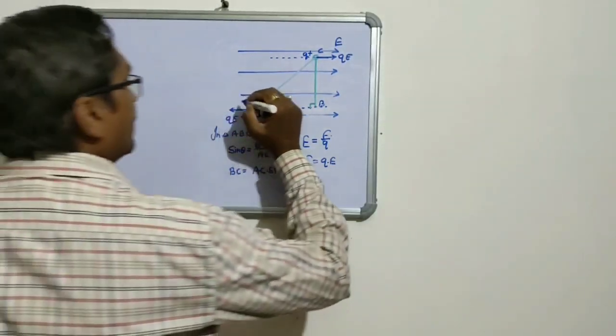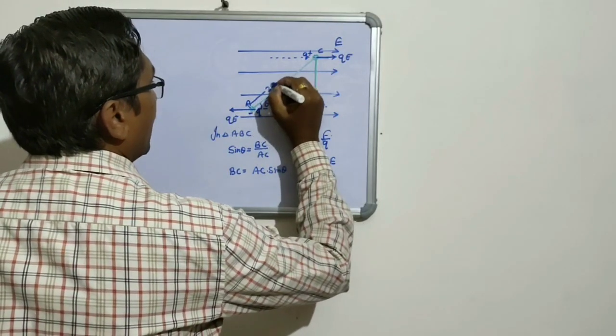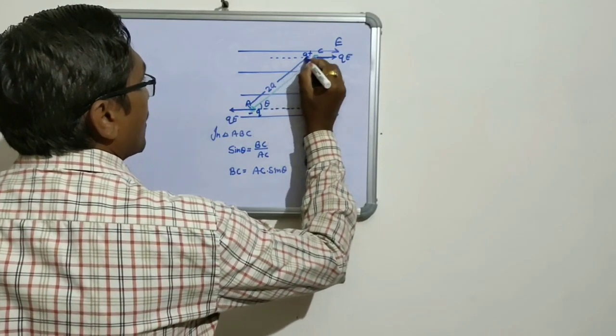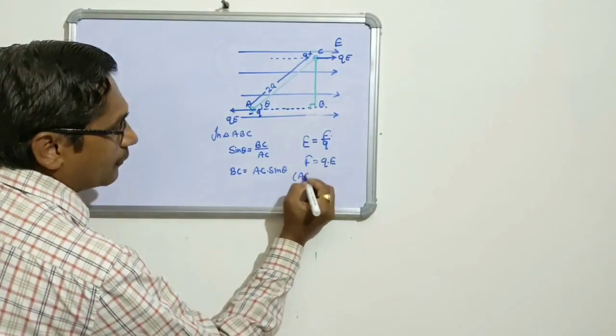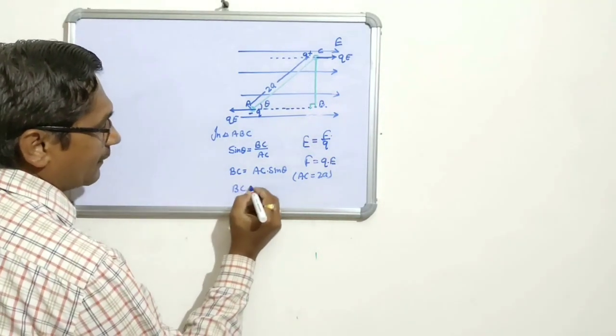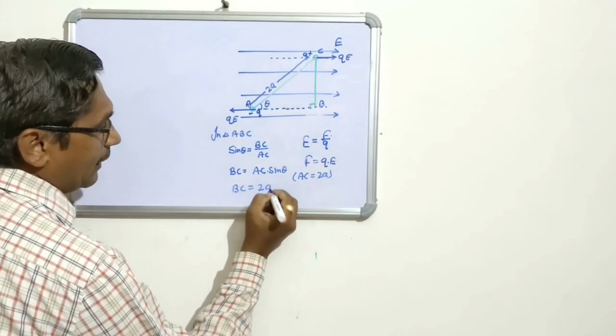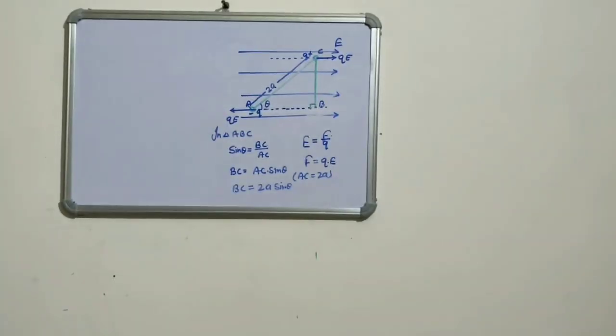And here AC is the separation between the charges of the dipole, which is 2a. Okay. Now AC equals 2a. So BC is equal to 2a sine theta. Right?